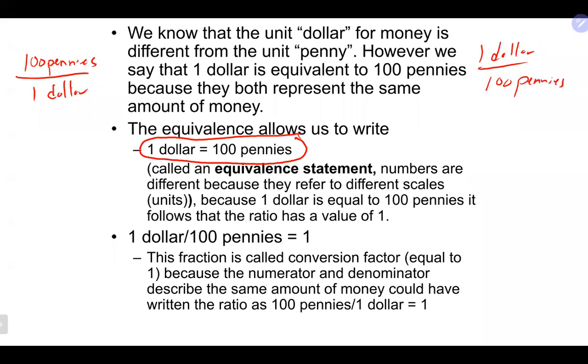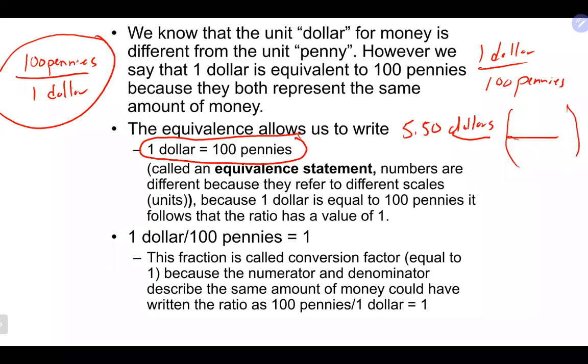So obviously if I had something like $5.50, I want to know how many pennies that would be. I could use my conversion factor here. Dollars are up on top, which means I want to go opposite here, obviously. And we would have 100 pennies up on top, $1 on the bottom.